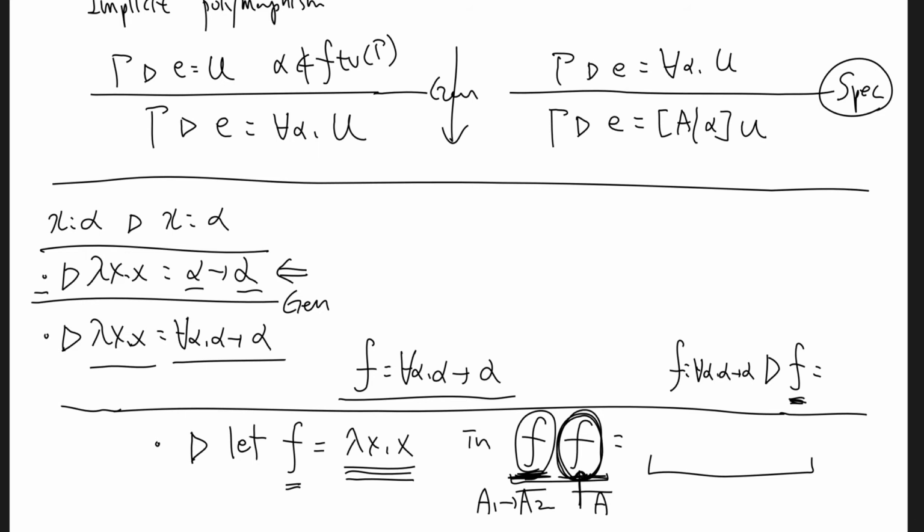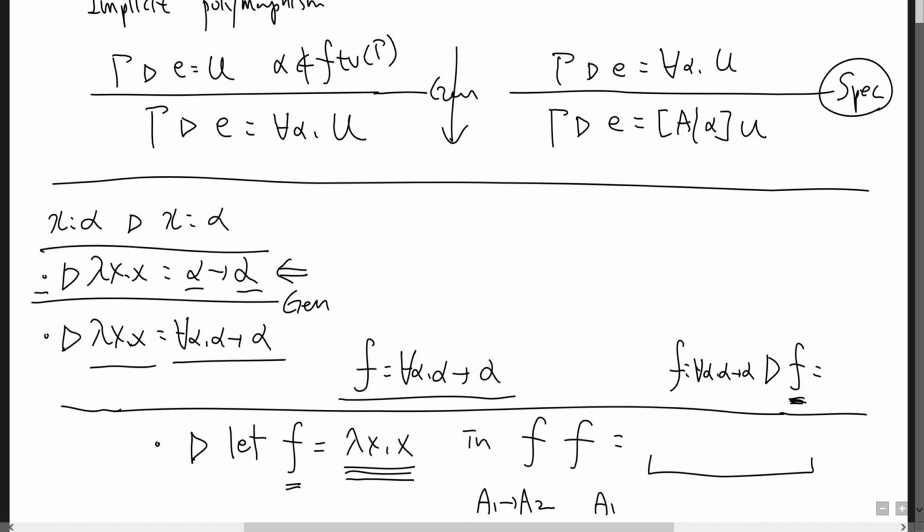In the end, we will assign some monotype A1 to this variable f, and another monotype A1 arrow A2 to the first f, and the final answer will be some monotype A2.